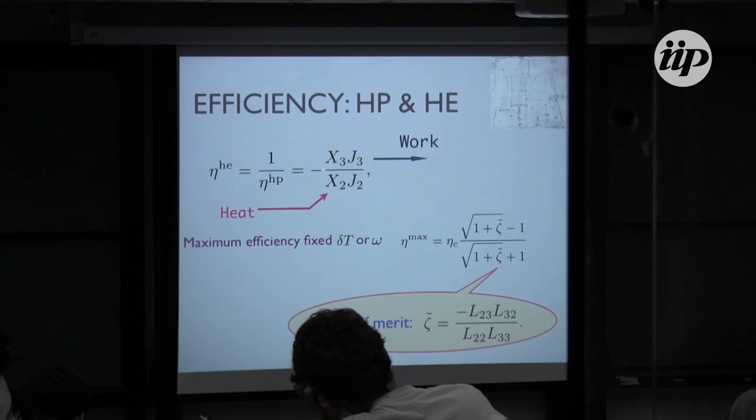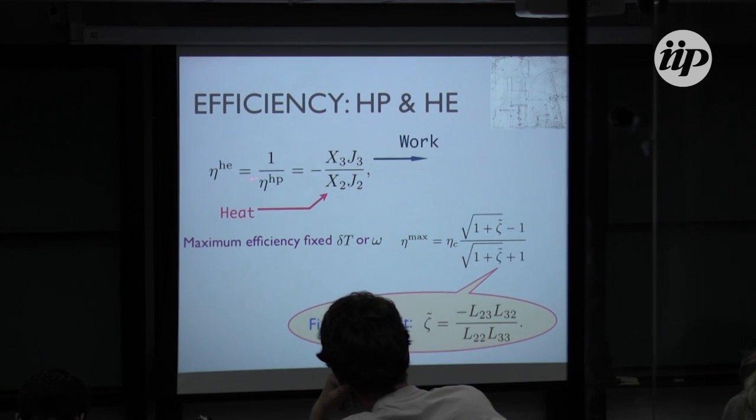Again, we can quantify the efficiency. We can quantify the efficiency as the work done in the case of the heat engine divided by the heat flow. And we can parameterize the maximum efficiency in terms of a figure of merit, which depends on the transport coefficients.